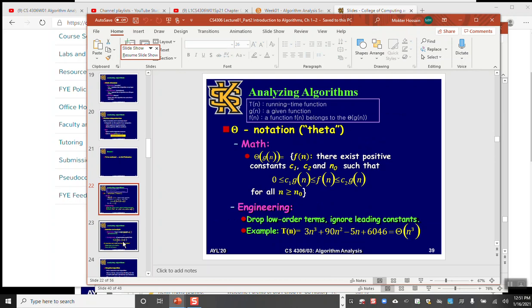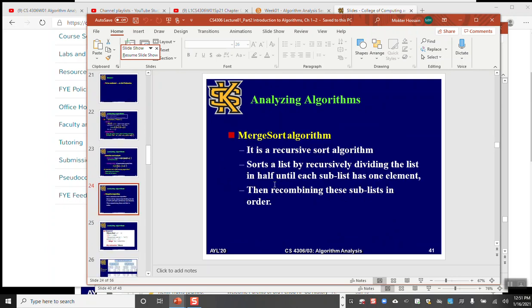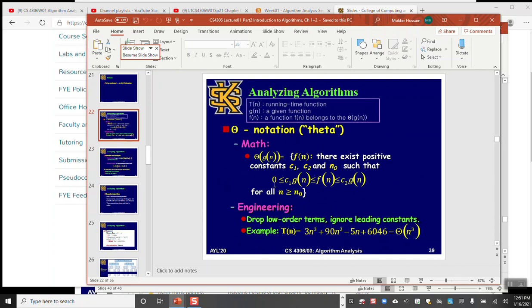How do we analyze an algorithm? We have some symbols. We use big O notation, omega notation, and theta notation. I will come back here. Then we will use the worst case method.